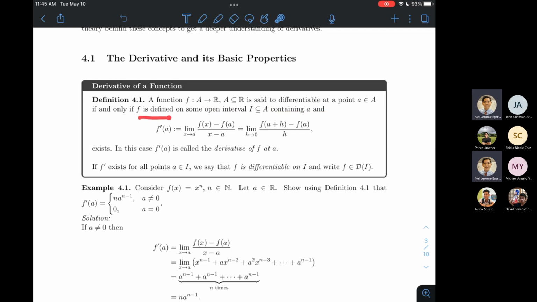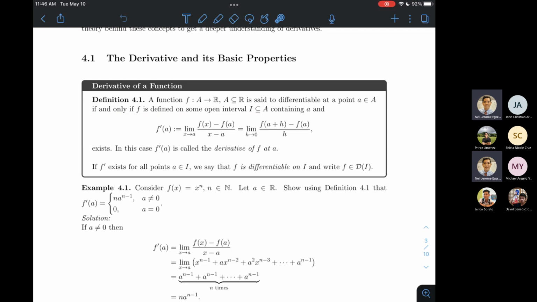Okay, so I guess this phrase actually implicitly requires a to be a limit point of the function f, kasi kahit dito sa umpisa sinabi niyo na si a dapat element lamang ng domain, pero the second requirement is that the function f must be defined on some open interval I properly contained in A, and that contains a.